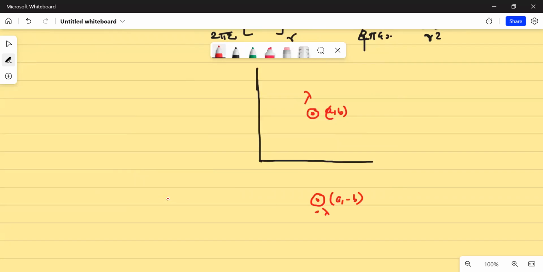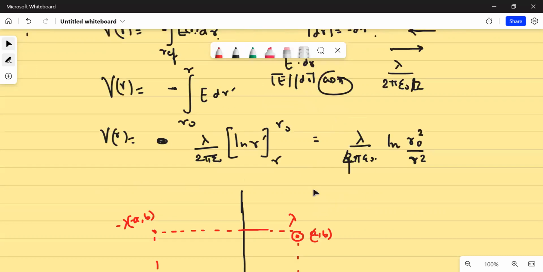There would be lambda here at a comma b, and there would be minus lambda here. This is something that we already discussed. Is that clear? ये चीज तो अभी हमने करी है थोड़ी देर पहले. Yes sir. Is that clear? And why have I done this? Why have I done this lambda upon 4 pi epsilon?